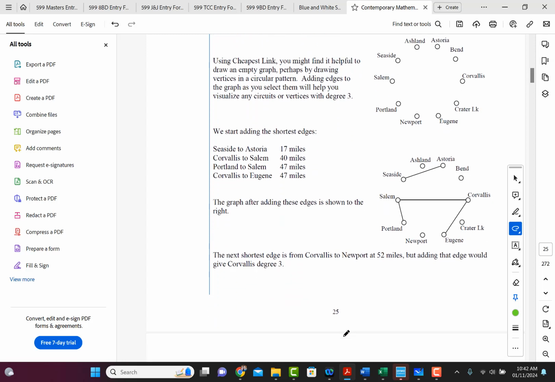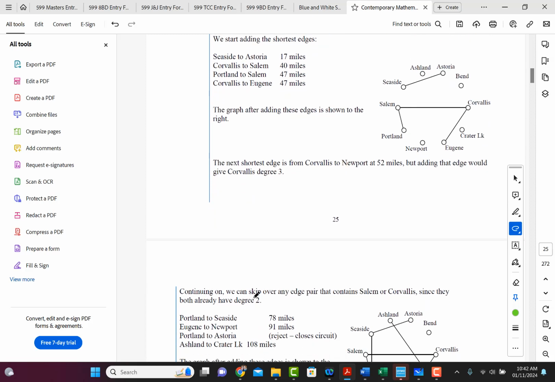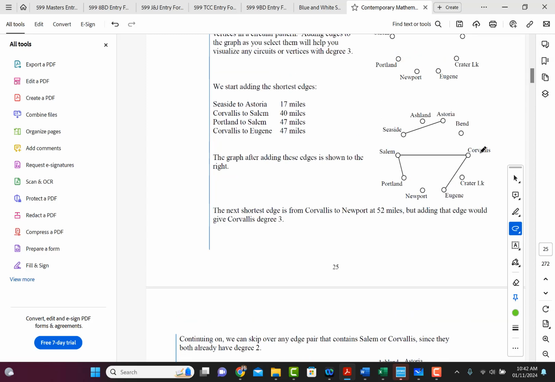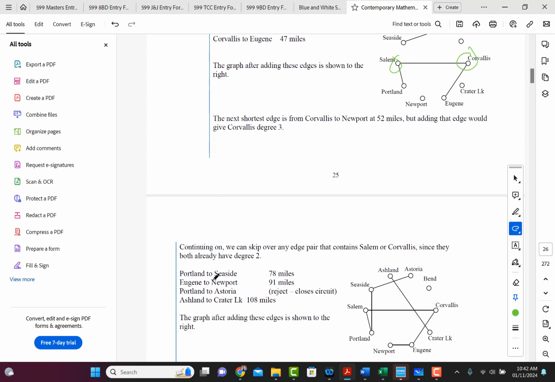So if we continue to the next cheapest one, we could skip over any edge that contains Salem or Corvallis because we already used them. They've already got 2, right? So anything with Salem or Corvallis we have to ignore. So we look at the cheapest ones that exclude those two.